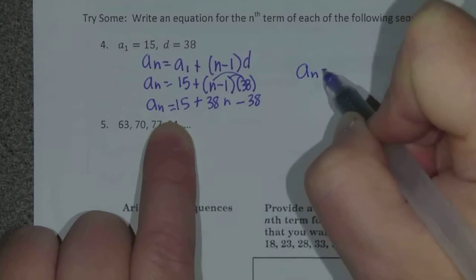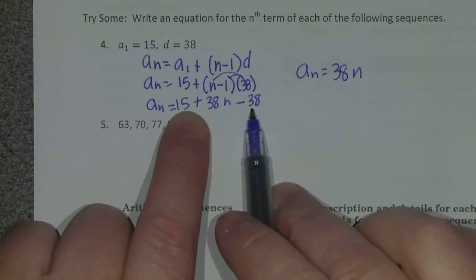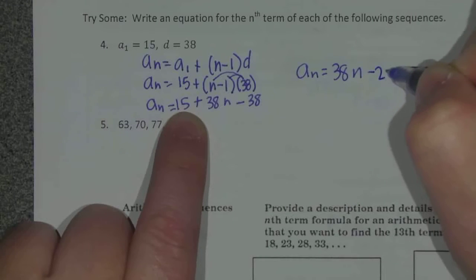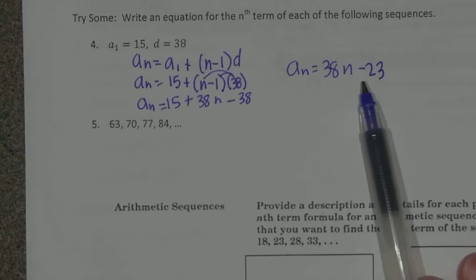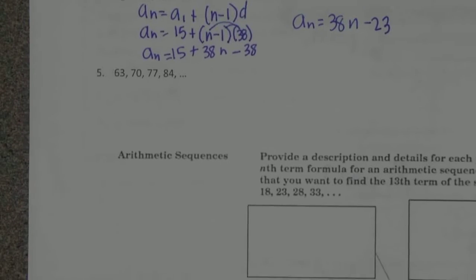Pretty easily, right? I'm going to have 38n, and then combine those like terms for me. -23. Thank you. This is my equation that will find any term in that sequence for me by plugging in a number for my term.